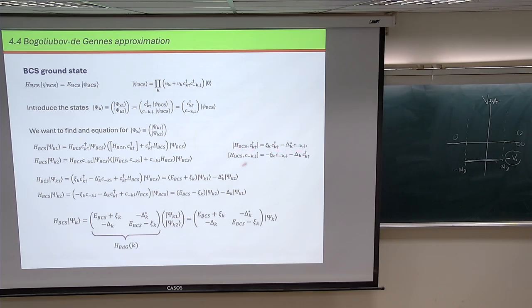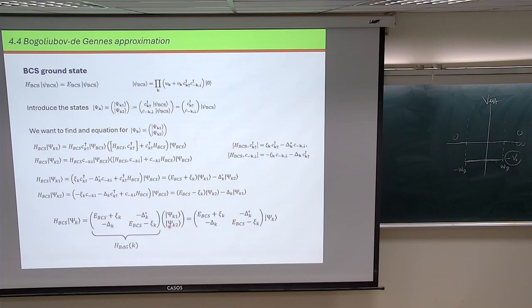So we can calculate this commutation relation. We can substitute this, and it's simple math, so you just have to sit and look at it. But at the end, what you get is this pair of equations for the components of my new state. Okay. And if I rewrite this pair of equations in matrix form, they will look like that.